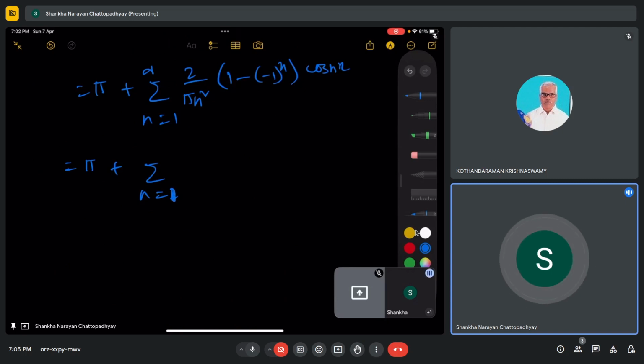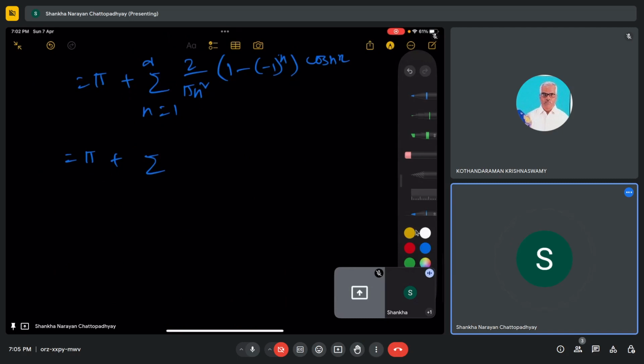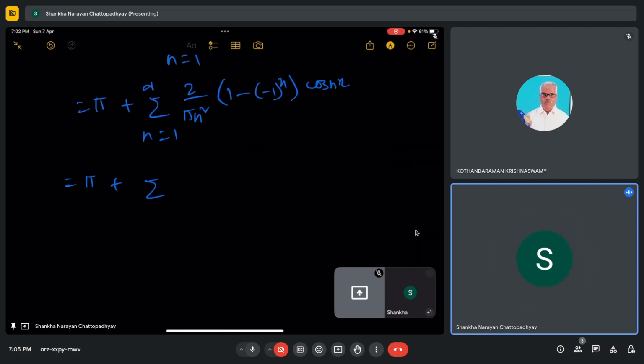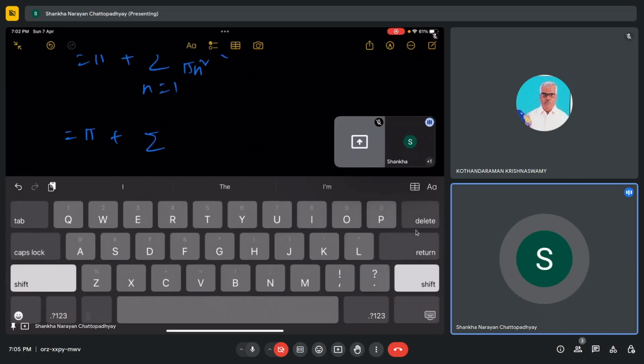You can write it in reverse way. This in-between thing will exist only if n is odd, right?